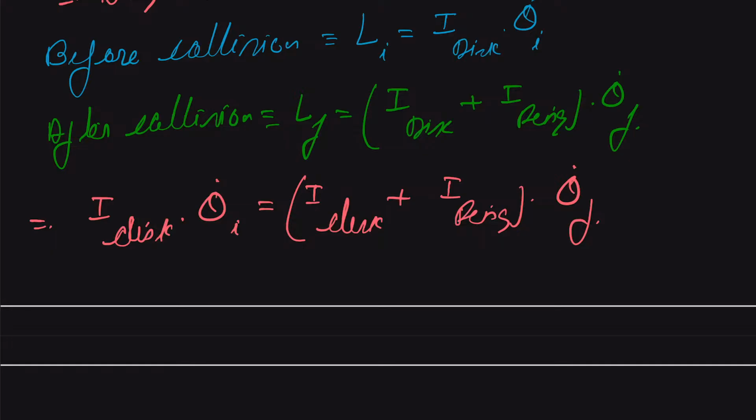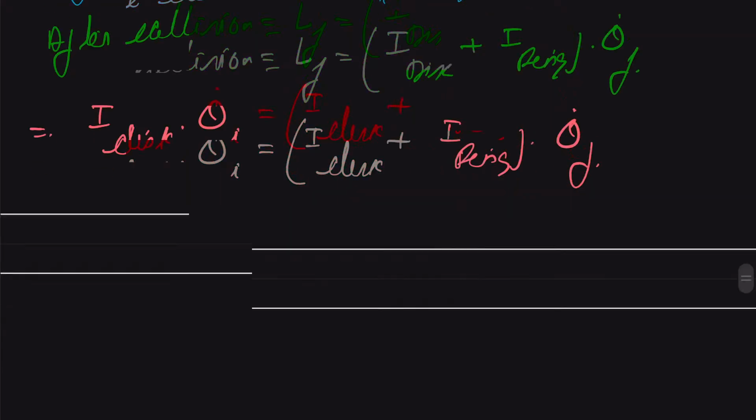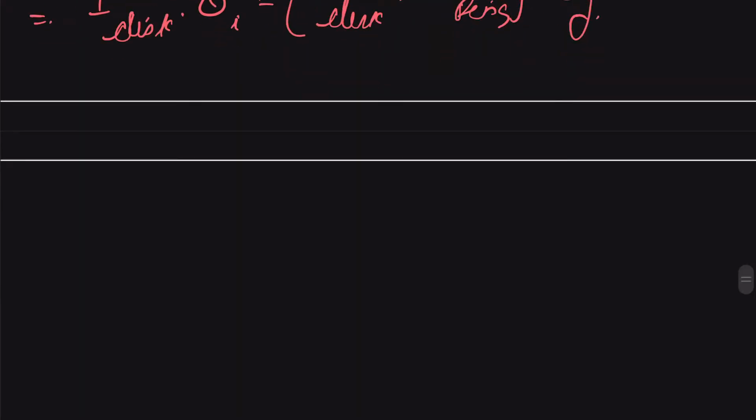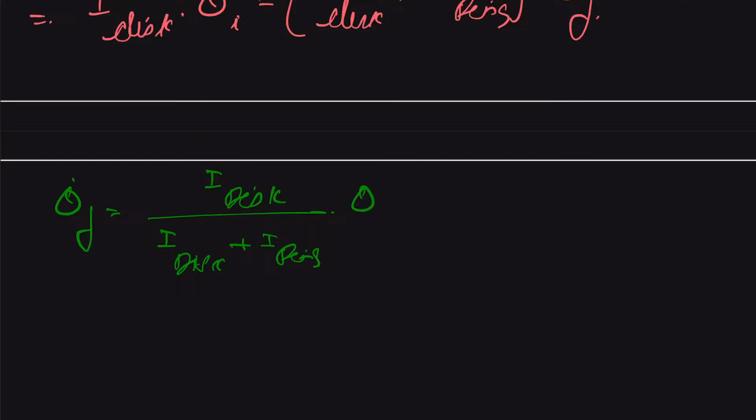We are interested in final, so theta prime final will be equal to I of disk over I of disk plus I of ring, times theta prime initial.